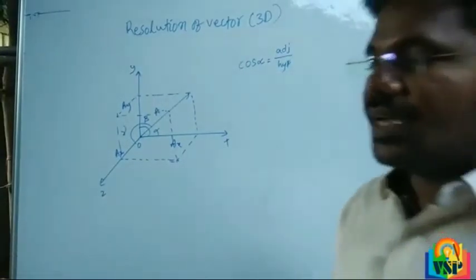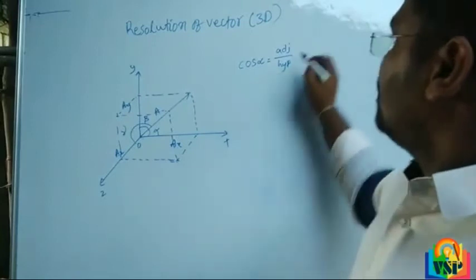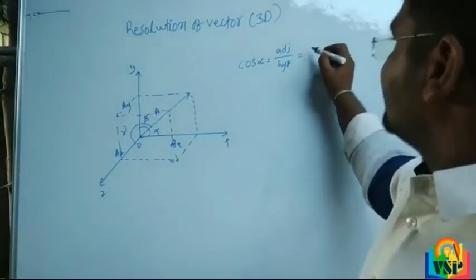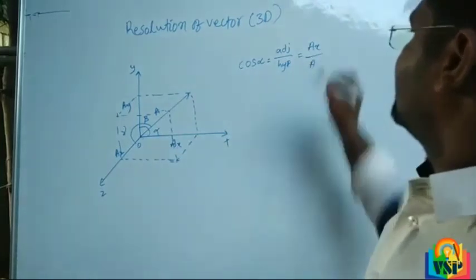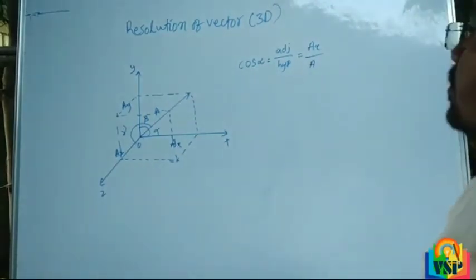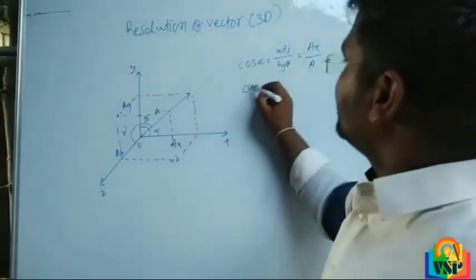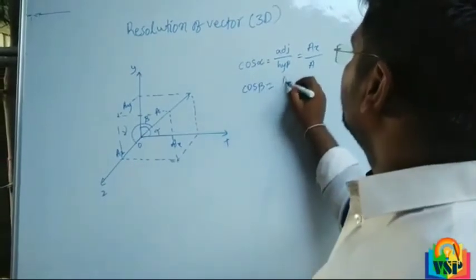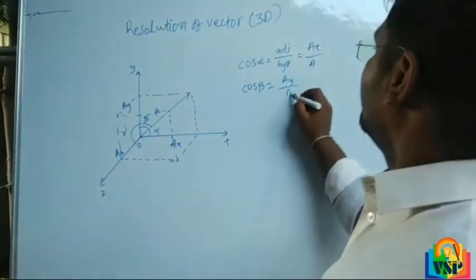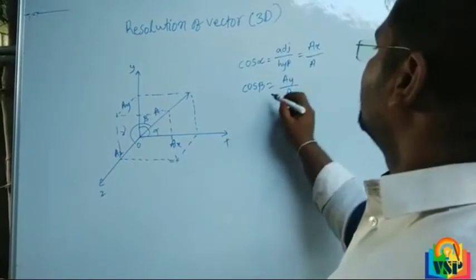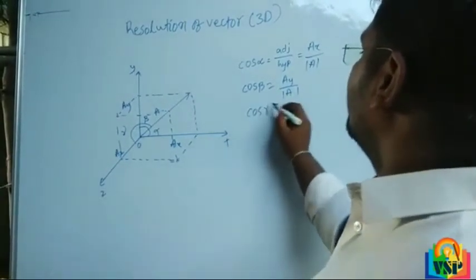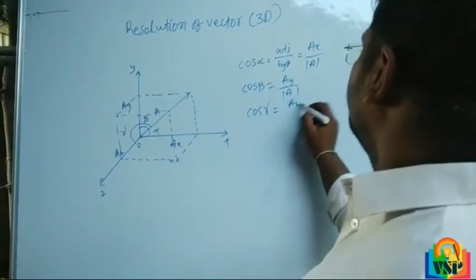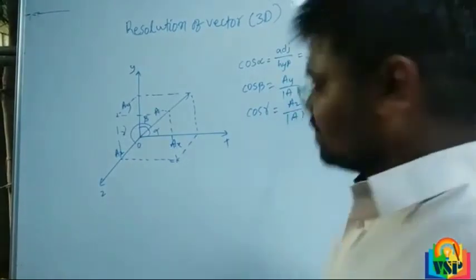So cos alpha is equal to adjacent side ax, hypotenuse A. Cos beta is equal to ay by A. Cos gamma is equal to az by modulus of A.